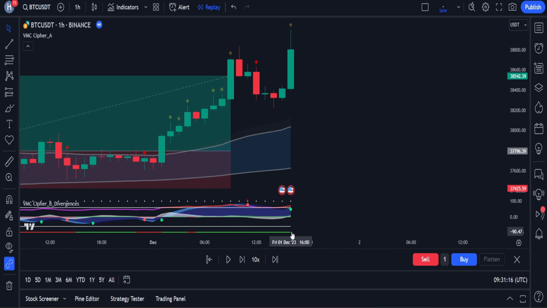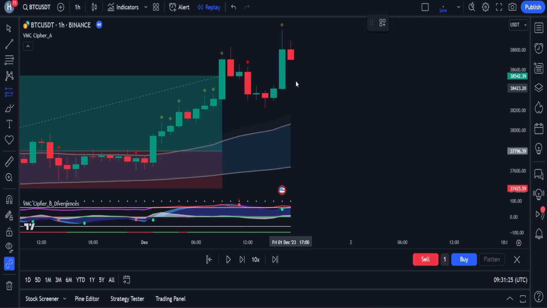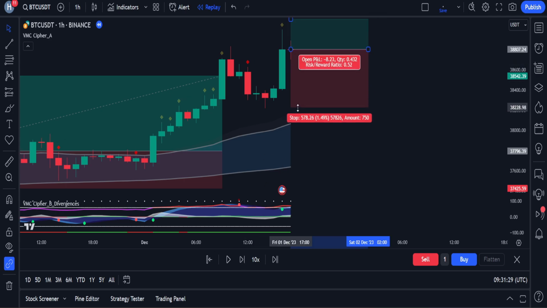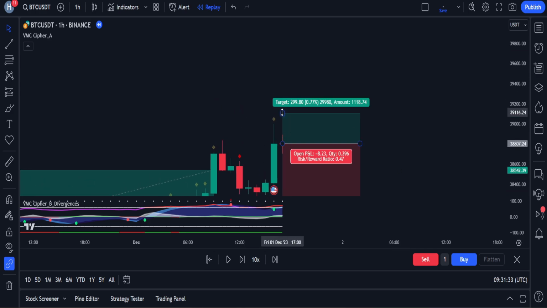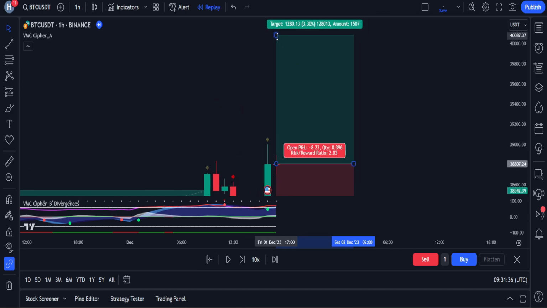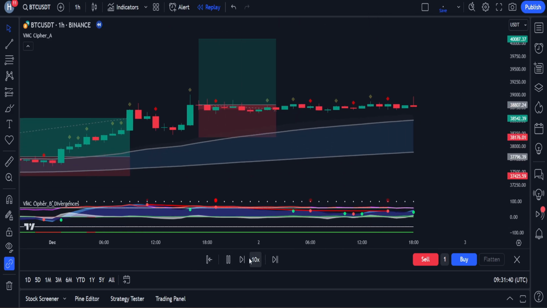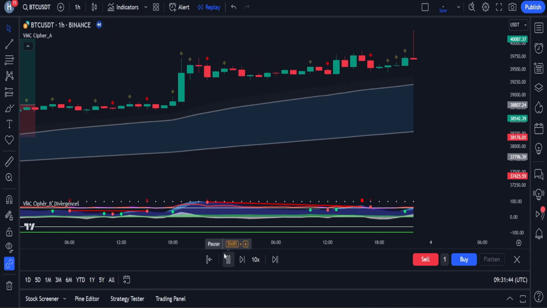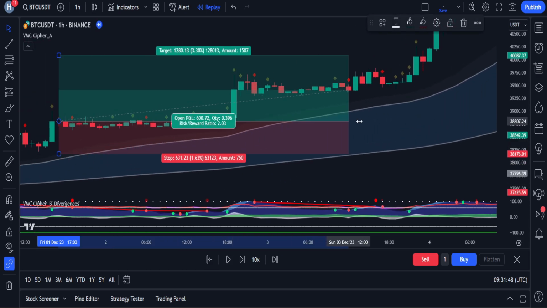And for the final confirmation, we can see the money flow line has already turned green. So all the rules are met on this candle. So we can open a buy position on the next candle. We will set the stop loss at the recent swing low, and the risk to reward ratio will remain the same at 2. I hope you guys have understood the rules for entering a buy trade using this strategy.